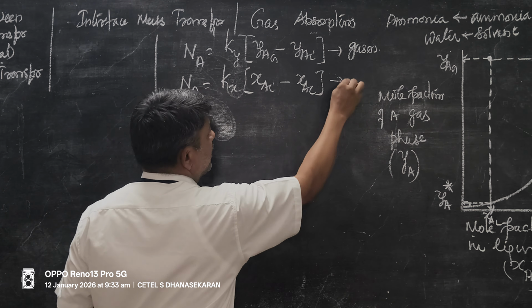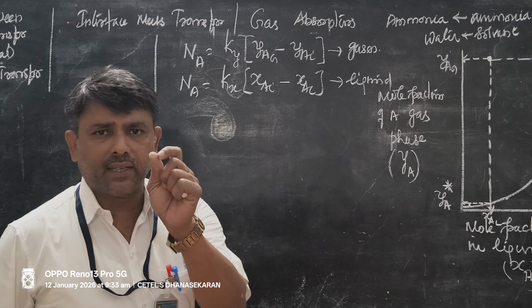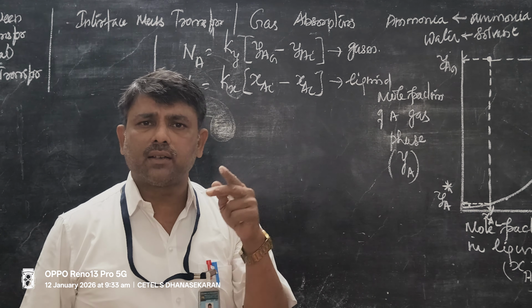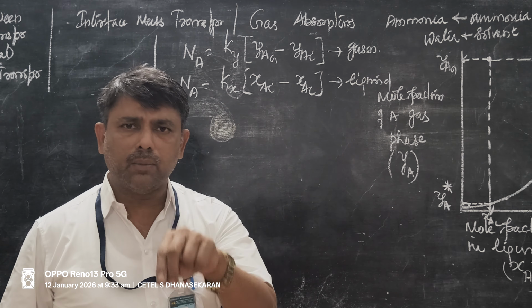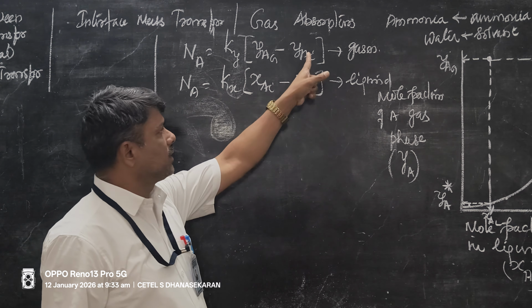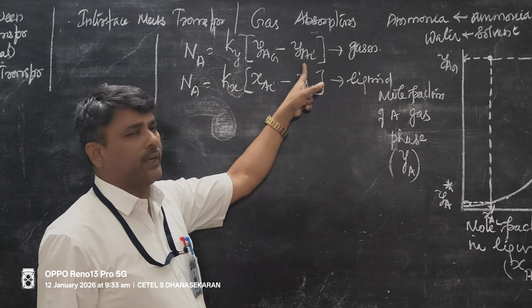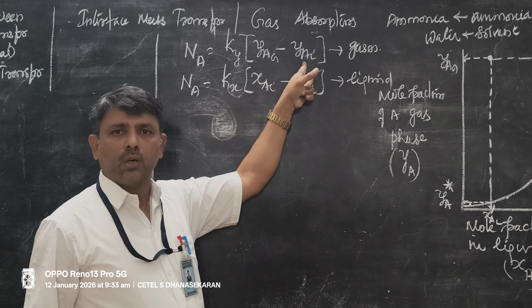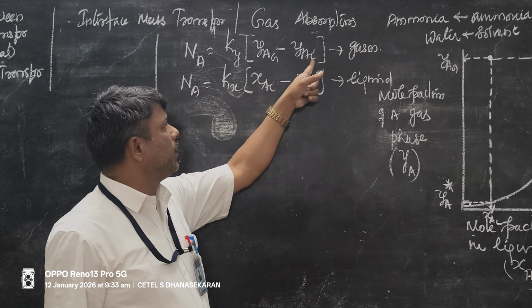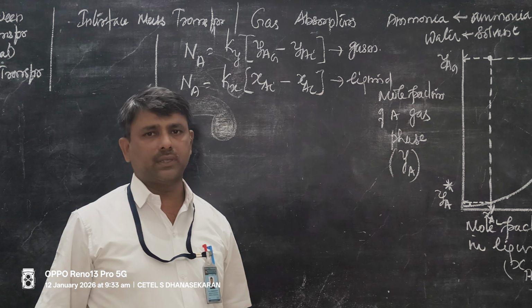This is for liquids. The middle step, crossing the phase boundary or equilibrium line, makes it impossible to find the interface concentrations XAI and YAI by experimental methods. There is no chance to find the YAI and XAI values by any experimental procedure.